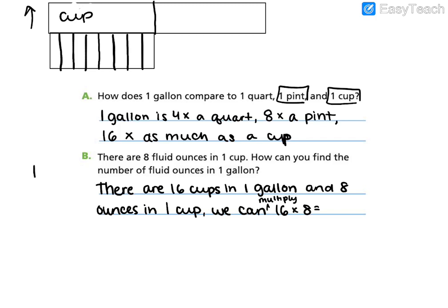Let's solve to find how many ounces are in a gallon. 8 times 6 ones is 48 ones. 8 ones, regroup our 4 tens. 8 times 1 ten is 8 tens, plus 4 more tens is 12 tens. So we can find that there are 128 ounces. Go ahead and pause the video if you need to finish writing.